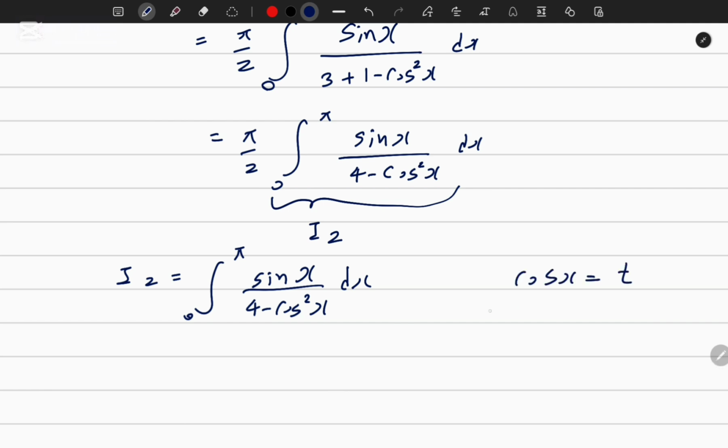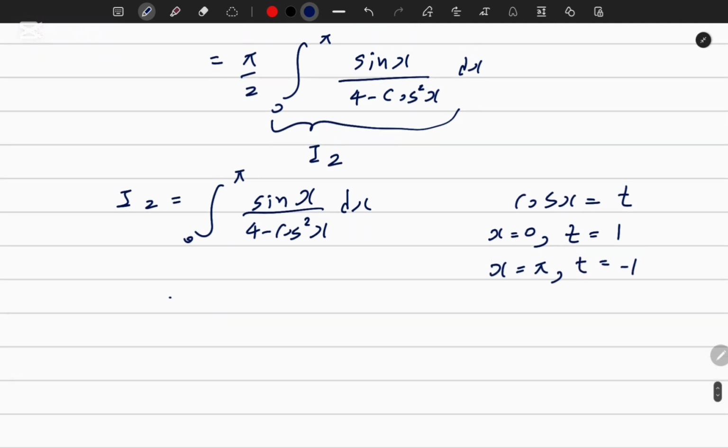So when x is equal to 0, t is 1, right? When x is 5, t is cos 5, this is minus 1. So when x is 0, this is 1. When x is 5, t is minus 1.